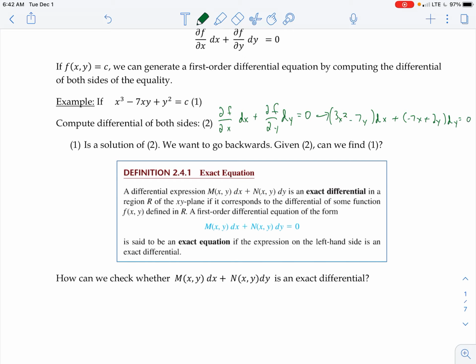So that's what our equation would look like if we took the partial derivatives.